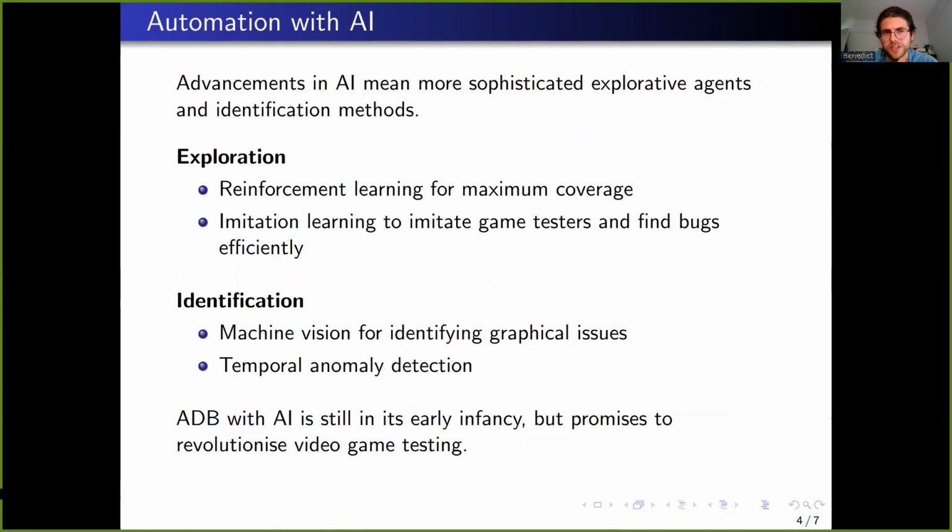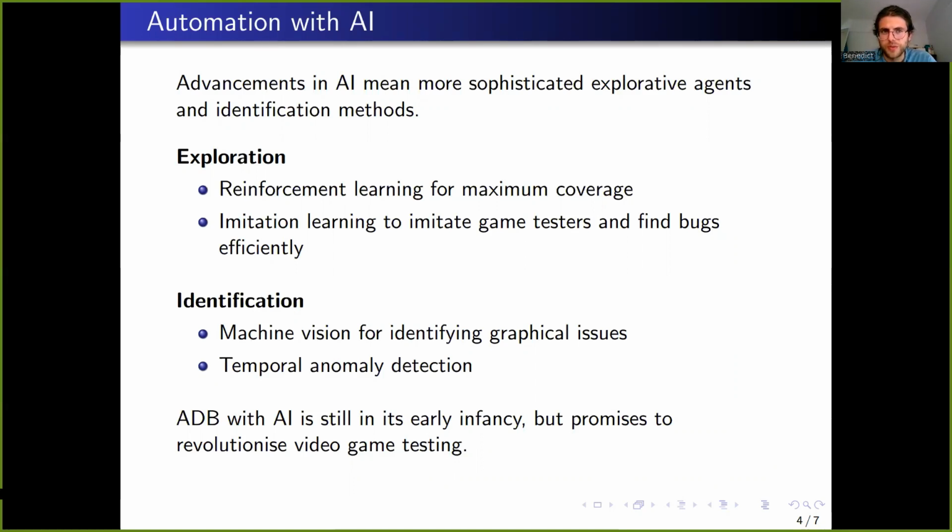The next step from this rule-based or more traditional automation is automation with AI. There's been some pretty significant advancements in developing agents for game playing. Probably people have seen the work on playing games like StarCraft and these really challenging games.